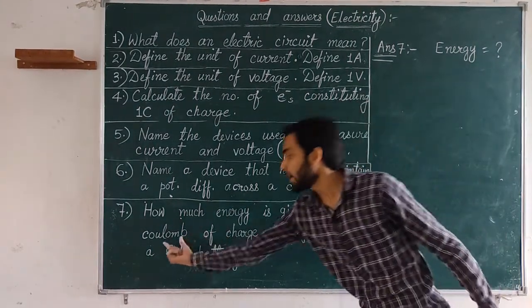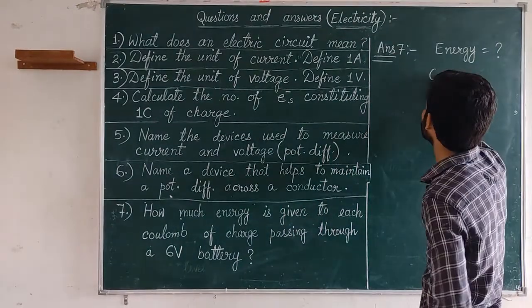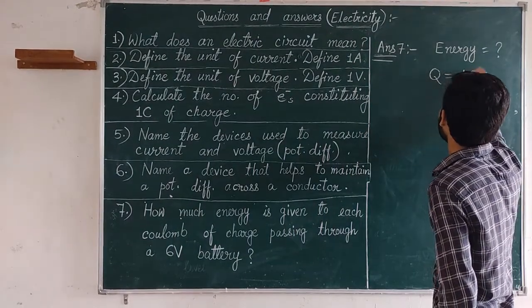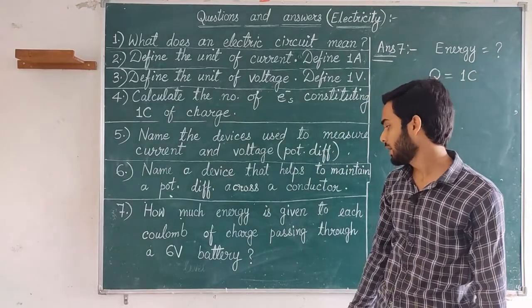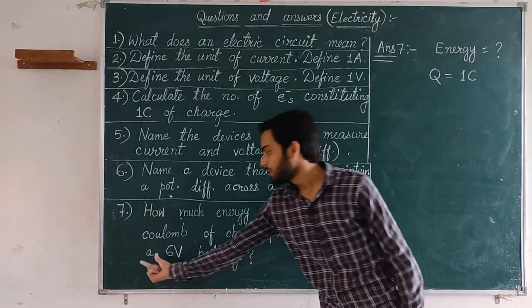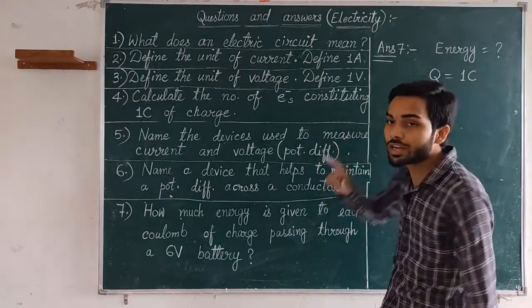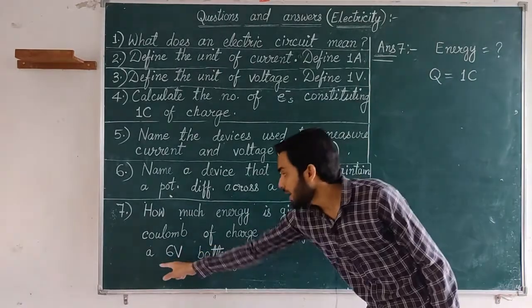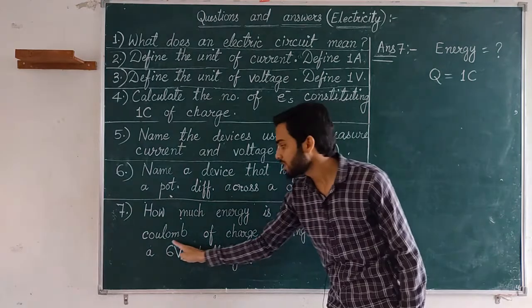Each coulomb of charge, that means 1 coulomb of charge, that is Q is equal to 1 coulomb. This has been provided in the question, and passing through a 6-volt battery. This means 1 coulomb of charge is passing through a 6-volt battery. Now, what do you mean by 6 volt?